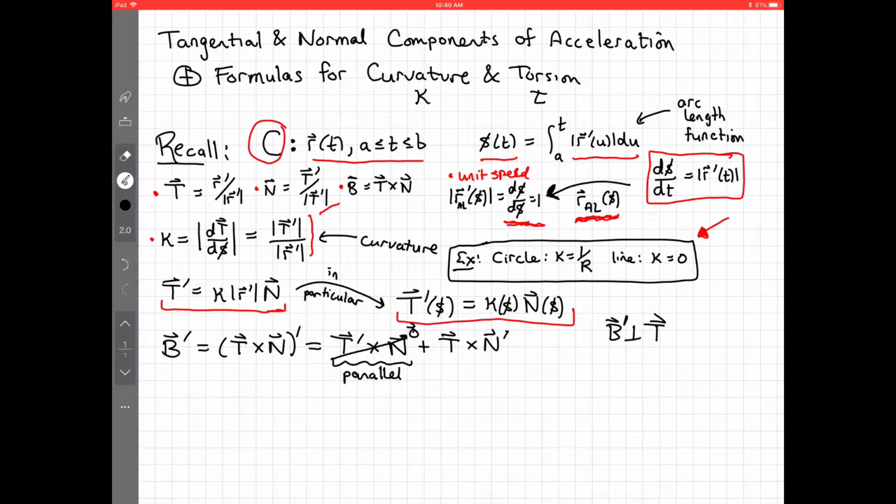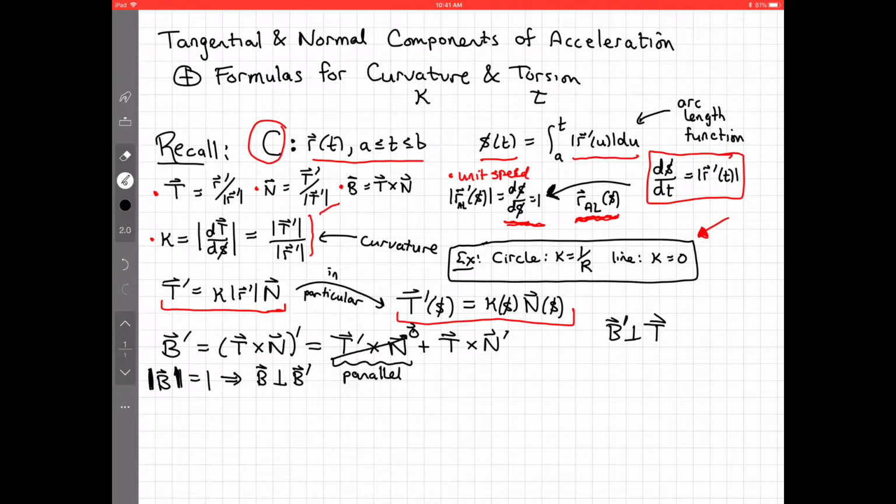Next, recall the important fact that if you have a constant length vector valued function like B is length 1, then any constant length vector valued function is perpendicular to its derivative.